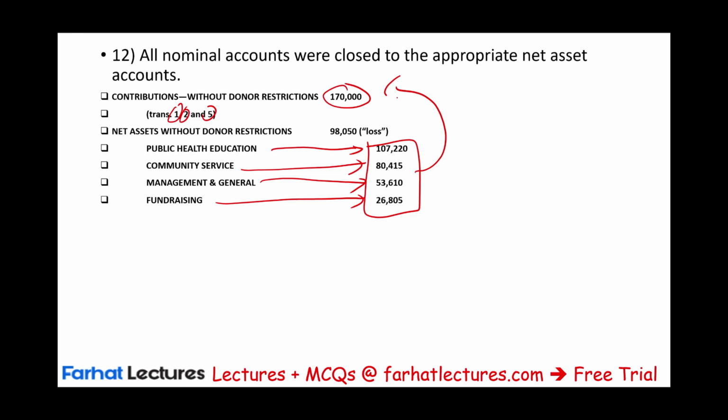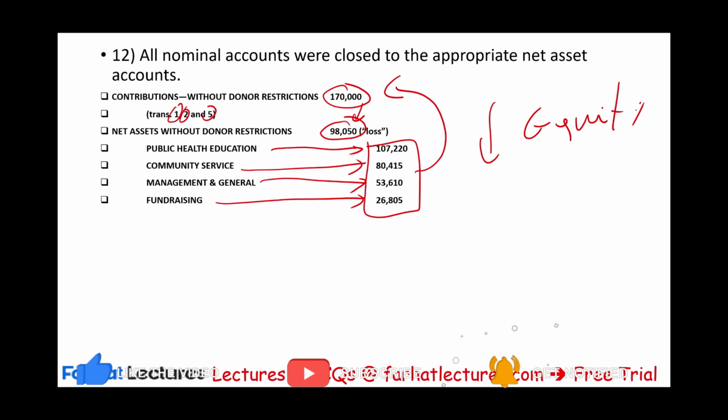And the difference between those two gets closed to net asset without donor restriction. Simply put, we had a loss. This 98,050 loss reduces the equity, which is the net asset without donor restriction section of the balance sheet.